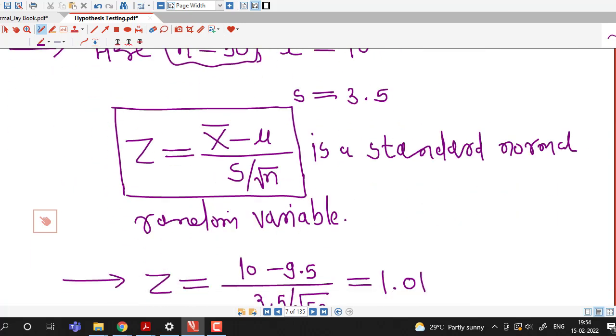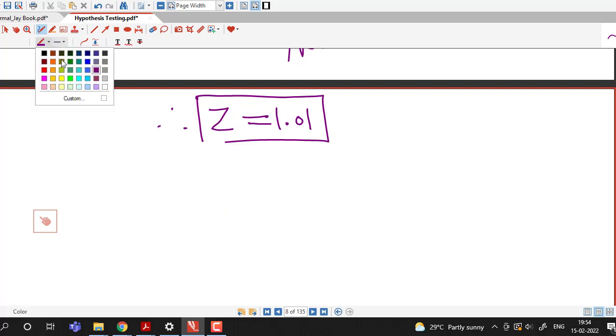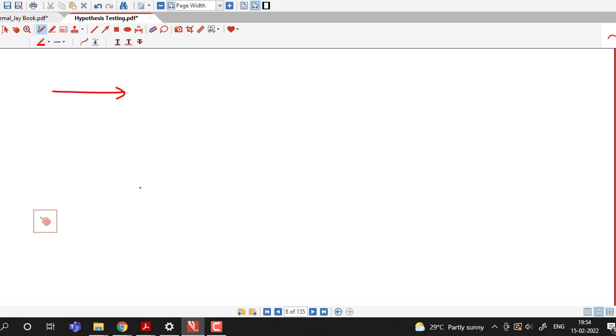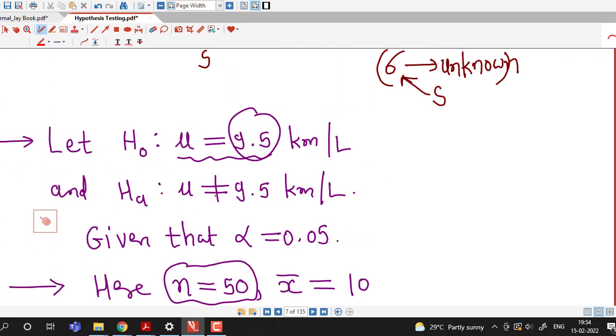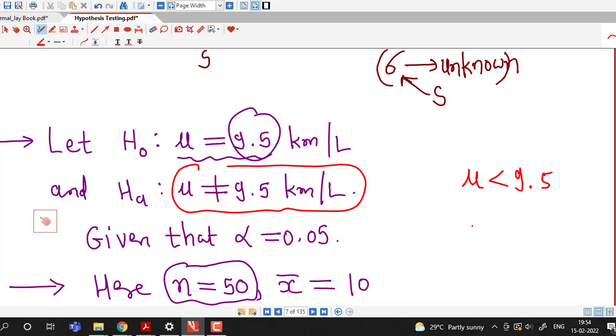Now in the next step we have to decide the rejection region. For that we will use the level of significance. Before that we can observe that our alternative hypothesis is mu is different from 9.5. So there are two possibilities, either mu can be less than 9.5 or greater than 9.5.